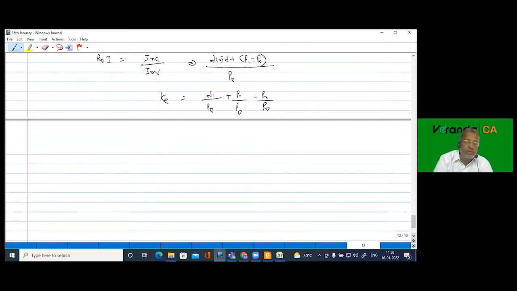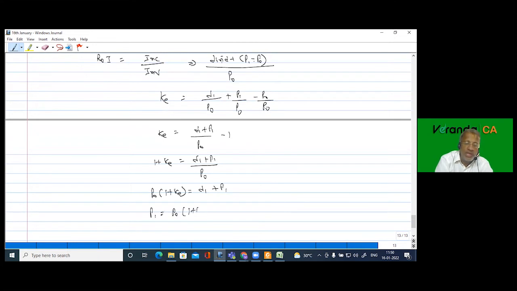So now KE is equal to (D1 plus P1) divided by P0 minus 1. So 1 plus KE equals (D1 plus P1) divided by P0. Now P0 into (1 plus KE) equals D1 plus P1. So P1 is equal to P0 into (1 plus KE) minus D1.